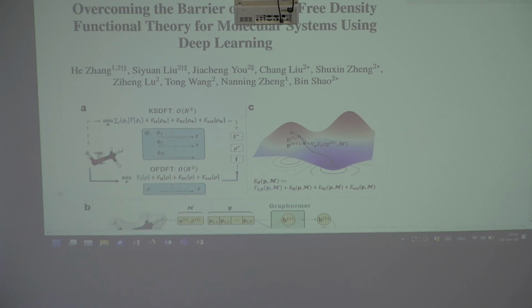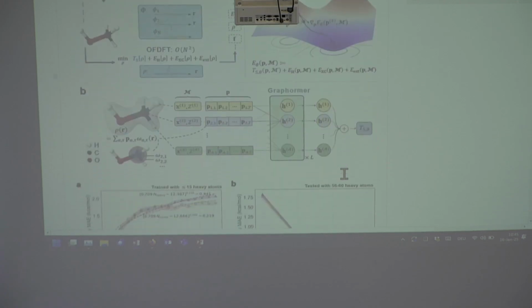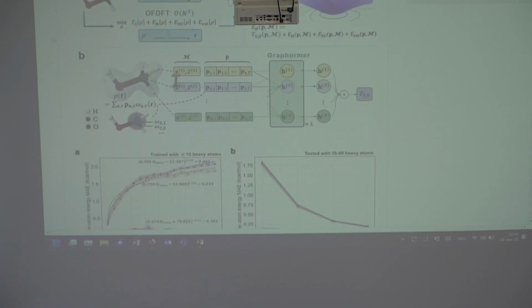And okay, so in goes a molecule, and out comes an estimate for the energy and an estimate for the density. This just sketches this process of density optimization. Here is a sketch of the architecture. So it's an atomistic graph neural network.